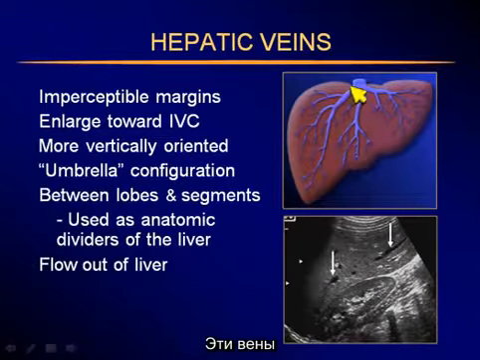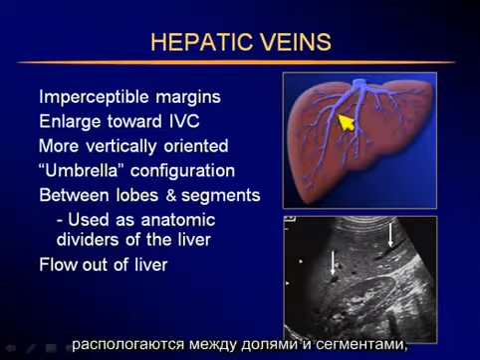Now, these veins are found between lobes and segments, so we use them as anatomic dividers, and they carry blood flow out of the liver. They do not have any other adjacent little structures, therefore we do not perceive their walls.